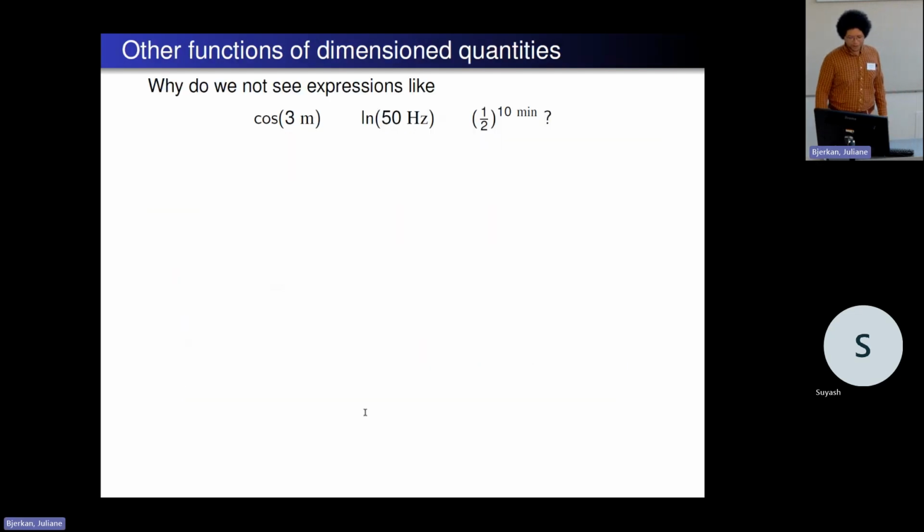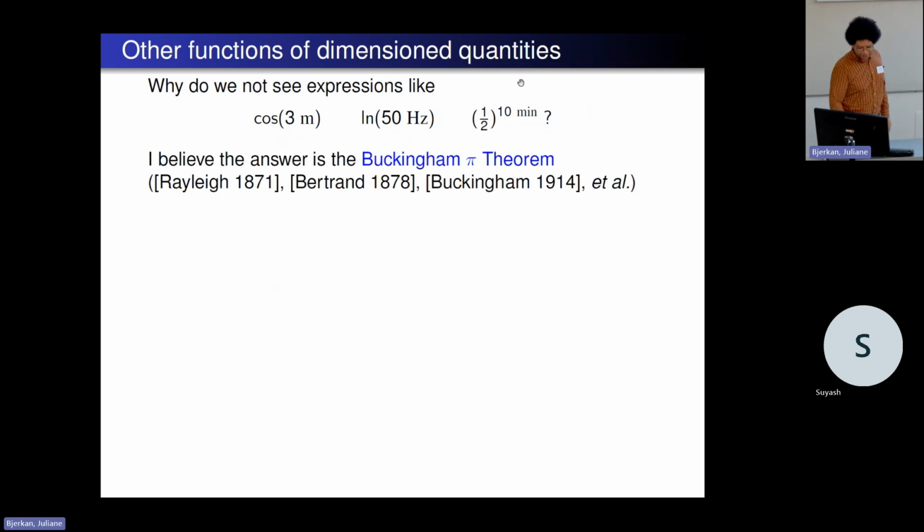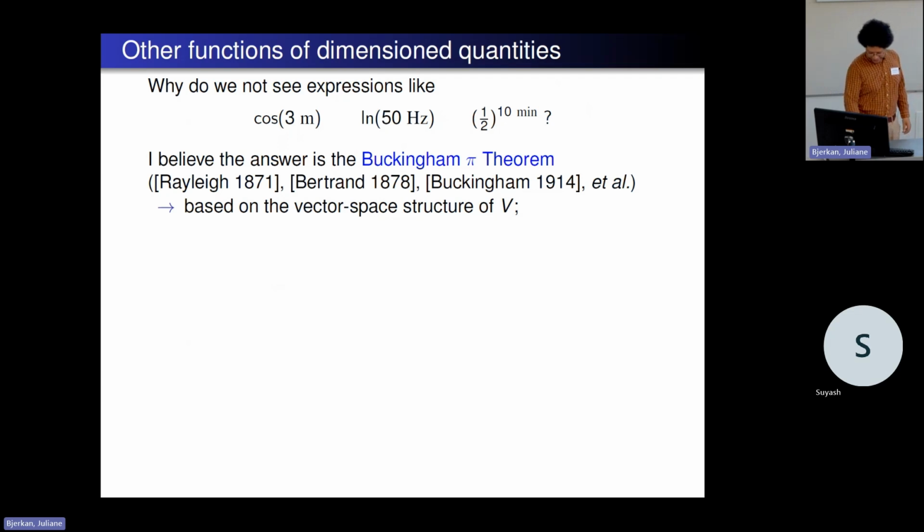Now, why do we not see expressions like cos of 3 meters or log of 50 hertz or half to the power of 10 minutes? So I think that the real reason why we don't see expressions like this in science is because of the Buckingham Pi theorem. And this is based on the vector space structure that I described.